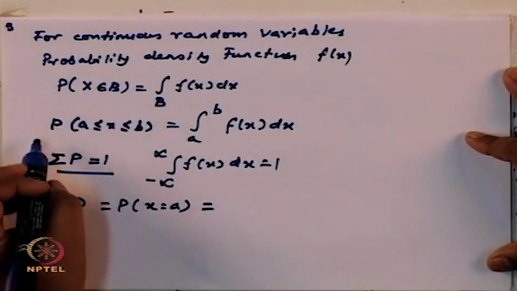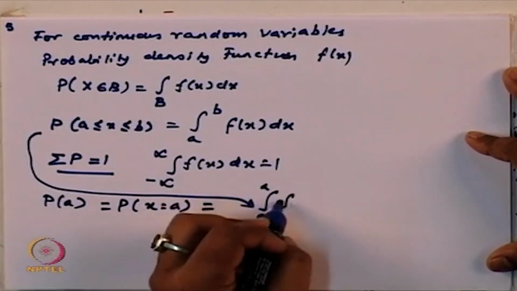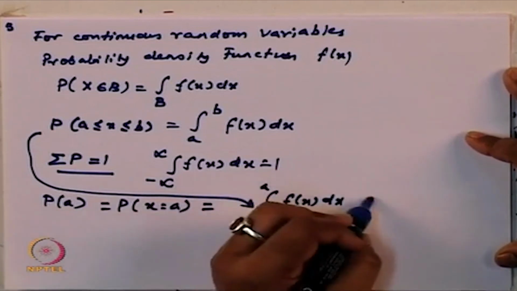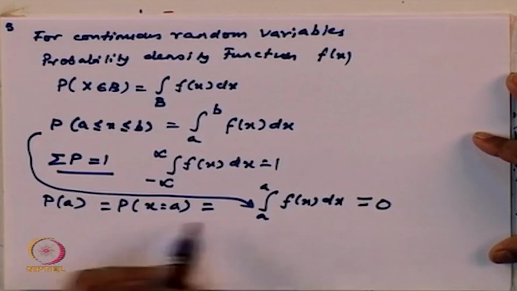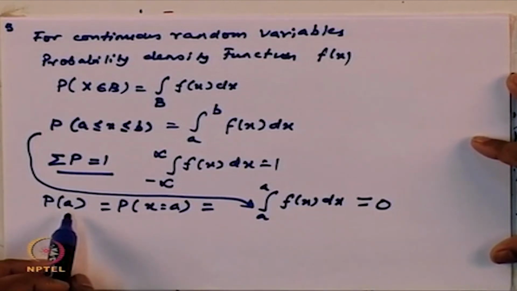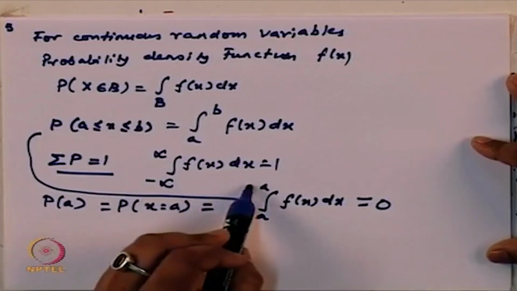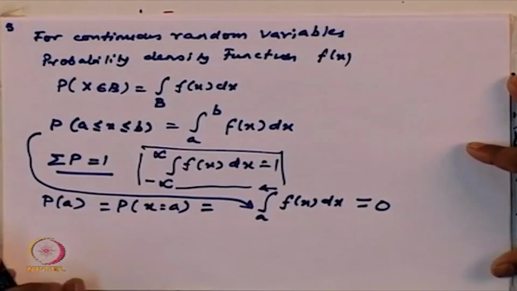I can simplify from this equation and write it simply as the integral from a to a of f(x) dx, and what is that? It is nothing but 0. So, for a continuous random variable, the probability of an exact value is always 0, whereas you must always have the total integral equal to 1, which has to be followed by the probability density function.